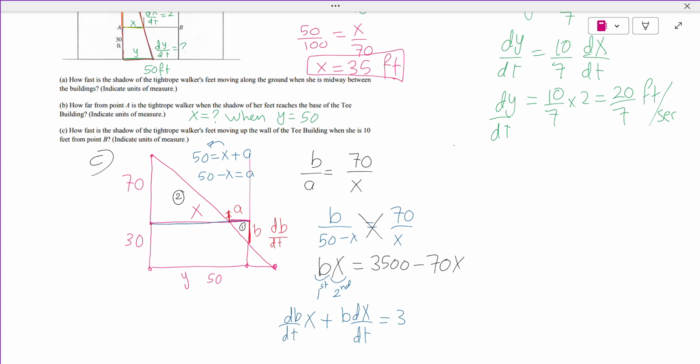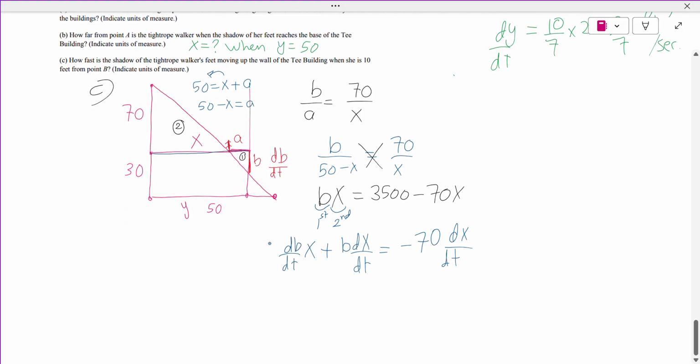The derivative is 0, so we don't write it. We've got minus 70 dx over dt. So let's put the given in this equation and see what the thing we are looking for is.